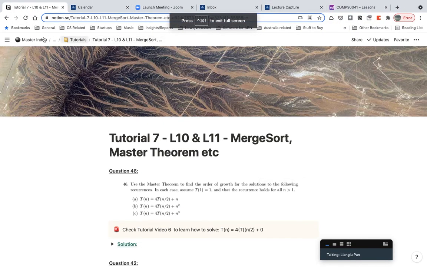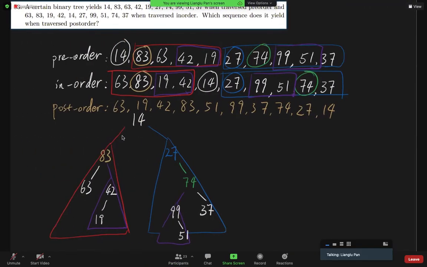In past years, I think people may ask a question. Here, in this task, we had pre-order traversal sequence and in-order traversal sequence, and we reconstructed the tree, and of course, we can find the post-order traversal sequence. Is it always the case that given 2 out of these 3 traversal orders, we can construct the tree?